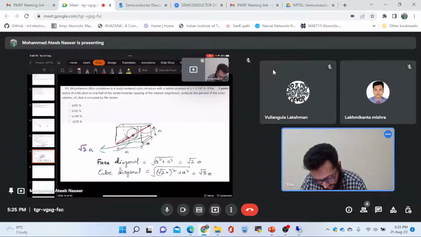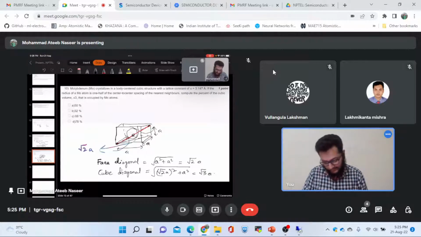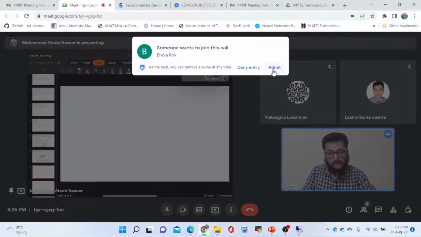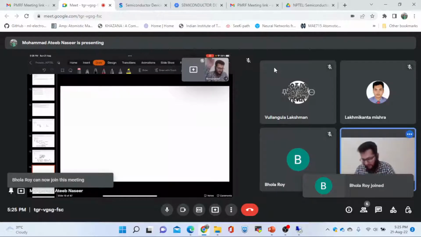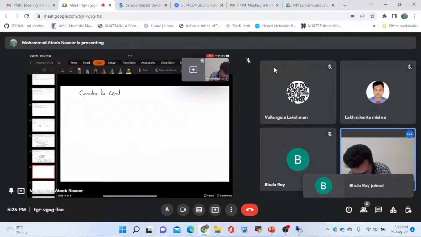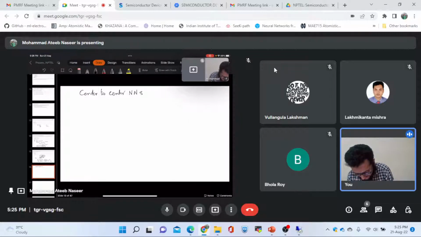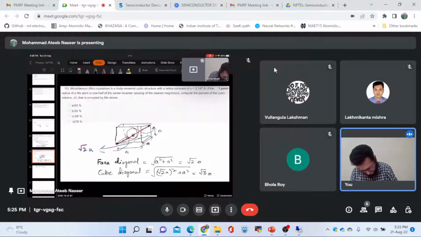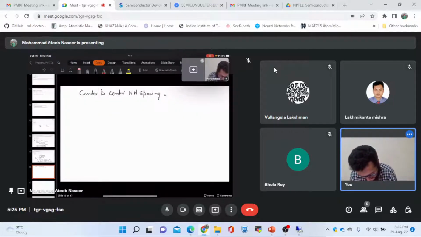So if I draw, the distances will simply be equal to this center to center, this center to center nearest neighbor spacing, which will simply be equal to the distance we found, root 3 a by 2.